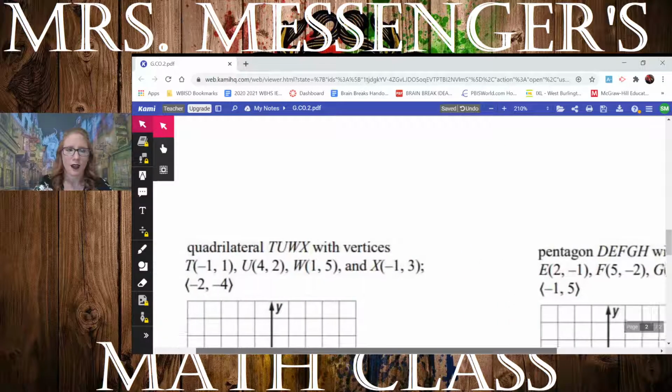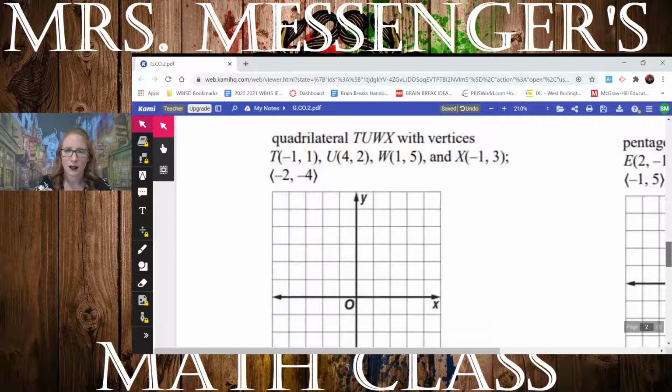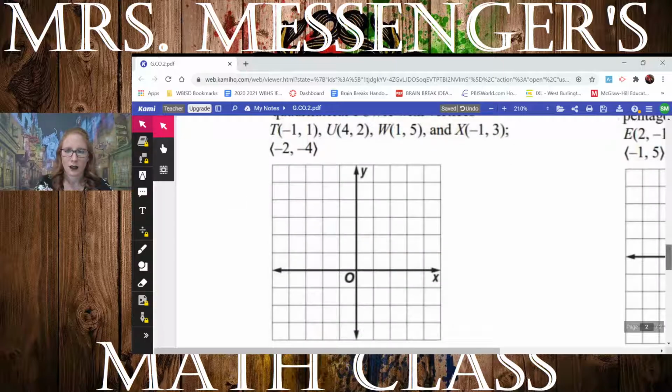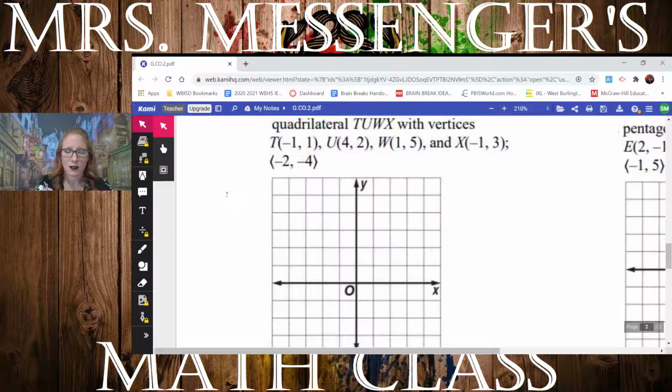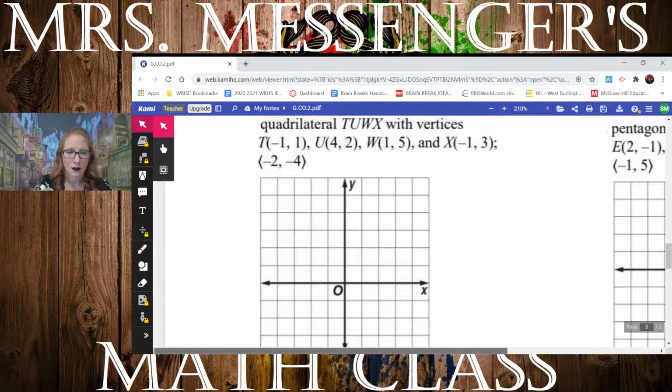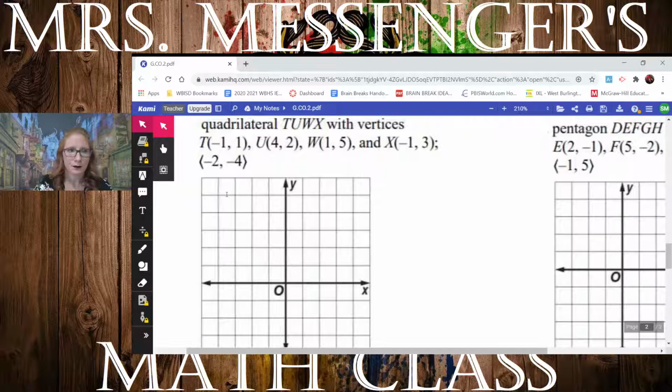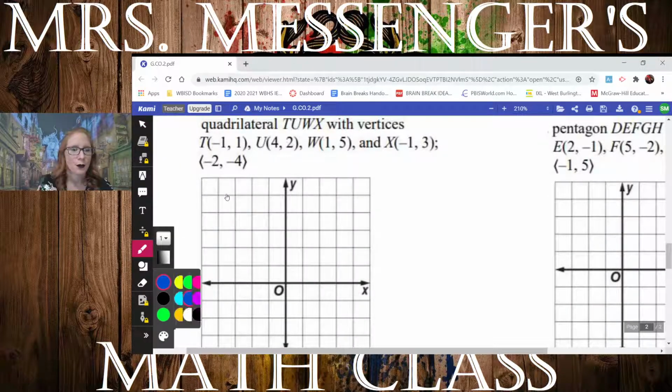All right, I got another example over here. There we go. This time we are taking our quadrilateral, so it's going to be another 4-sided thing like our last one.